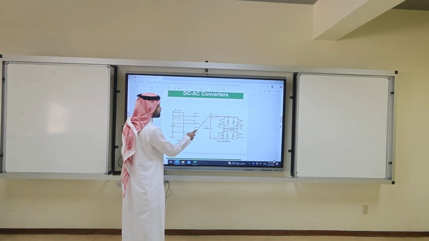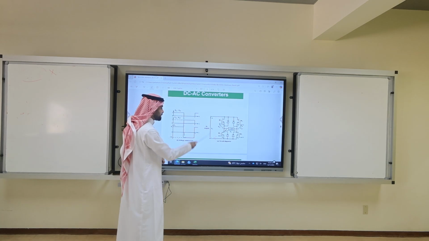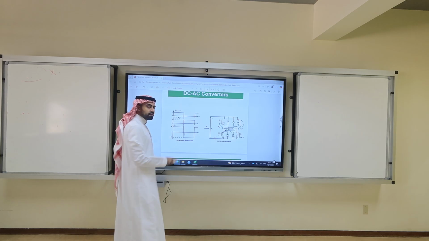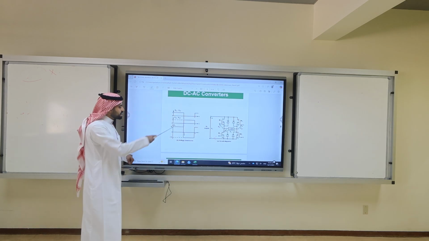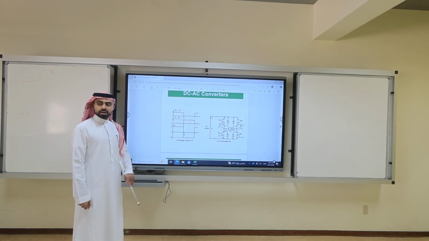So what will happen? This Vs, which is DC constant, has become a positive, negative pulse at the output. What is this signal? This signal is a sinusoid with all the harmonics, right?